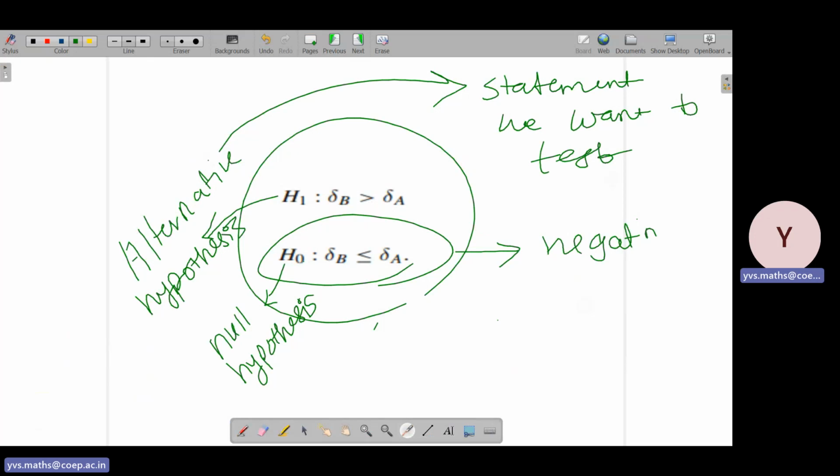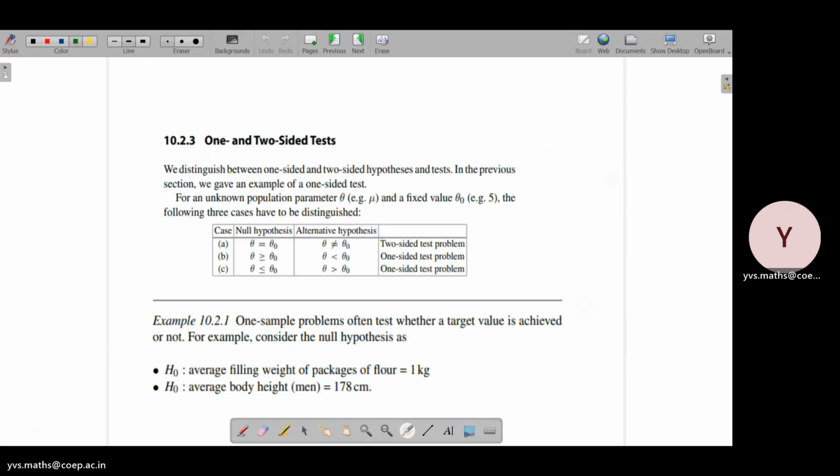Now there are two types of tests while testing the given hypothesis. One is a one-sided test and the other is a two-sided test. It depends on how you define your alternative hypothesis. Suppose theta is the parameter involved with your samples, and now we are looking at single sample tests.